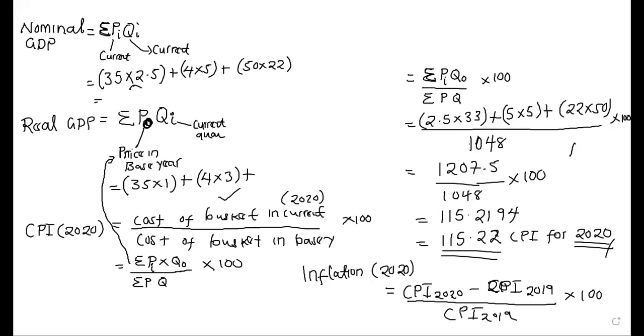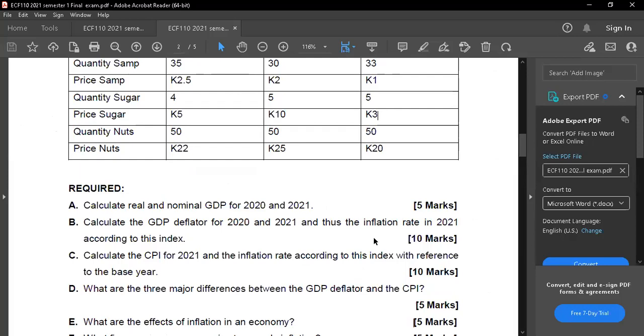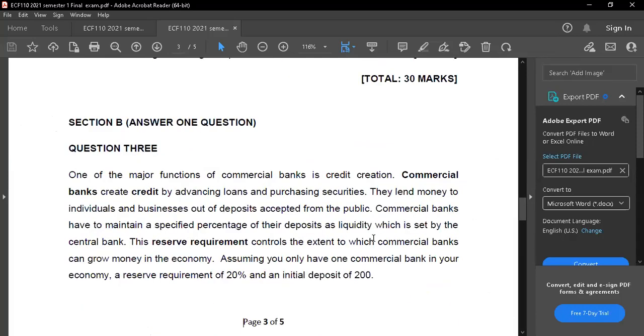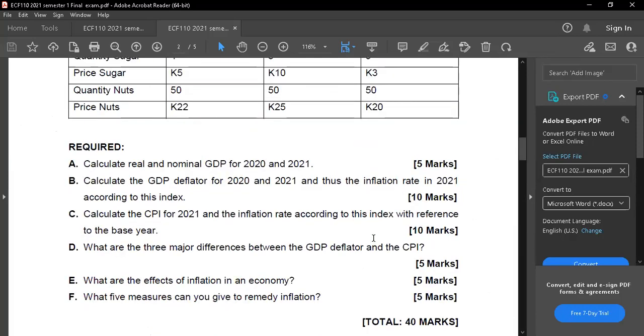That is all on how you calculate inflation. You can take it to the question for a second, Duncan. I just want to see something. Yeah, the question is here. I want you to come down a bit.